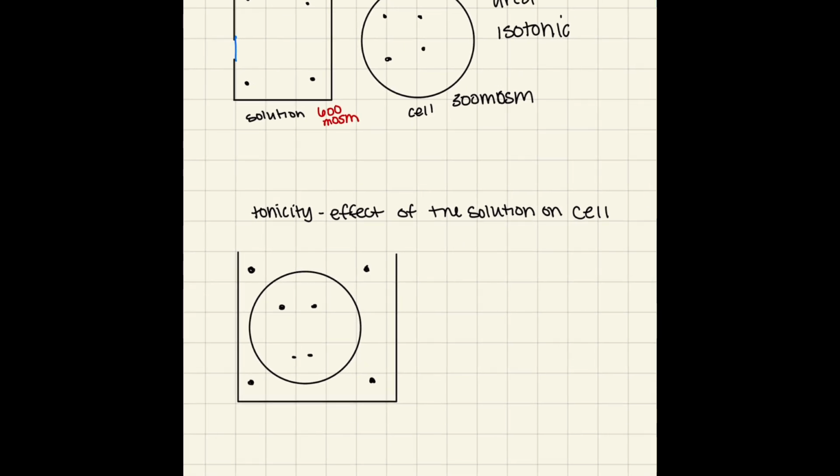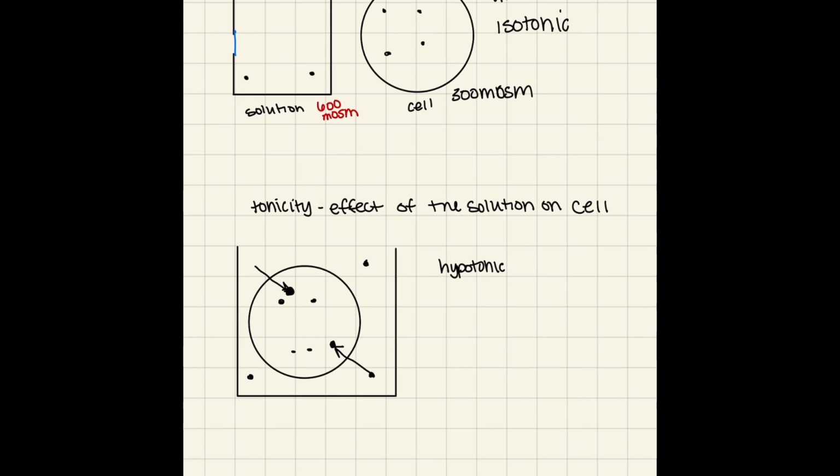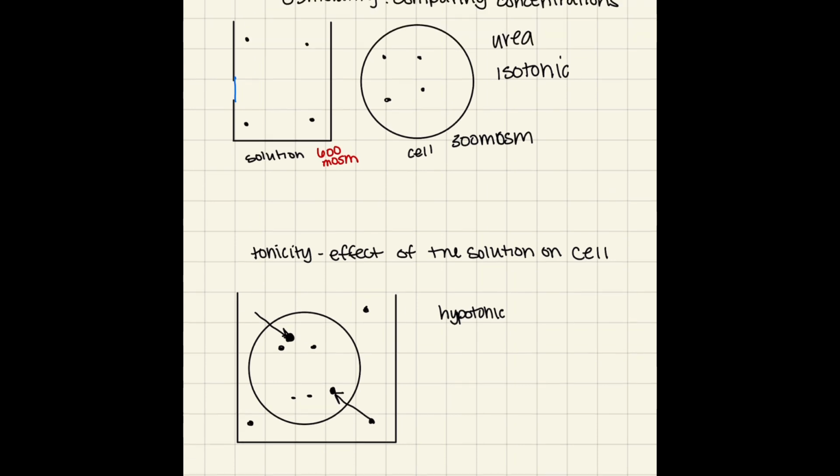And so urea would move into the cell because it thinks about itself and it wants to be equal on the inside and outside of the cell. So it would move into the cell and it would create a hypotonic solution as compared to the cell. It would cause the cell to swell because water would follow the solute. And so the cell would get bigger. And if there was enough urea, the cell would eventually burst.